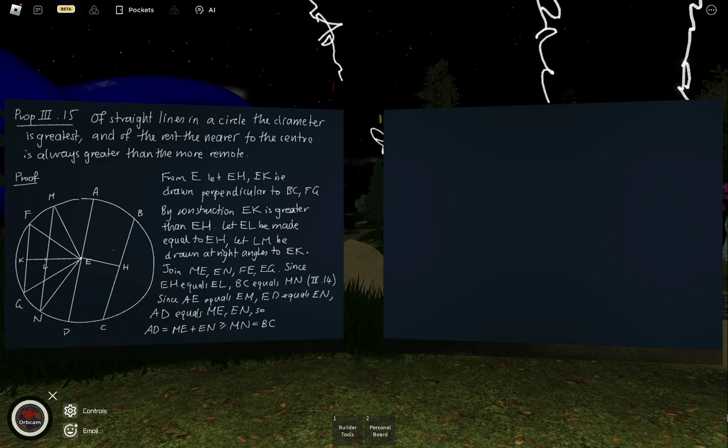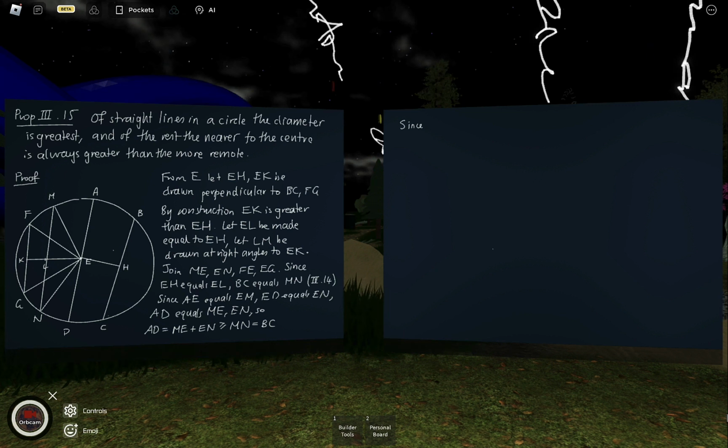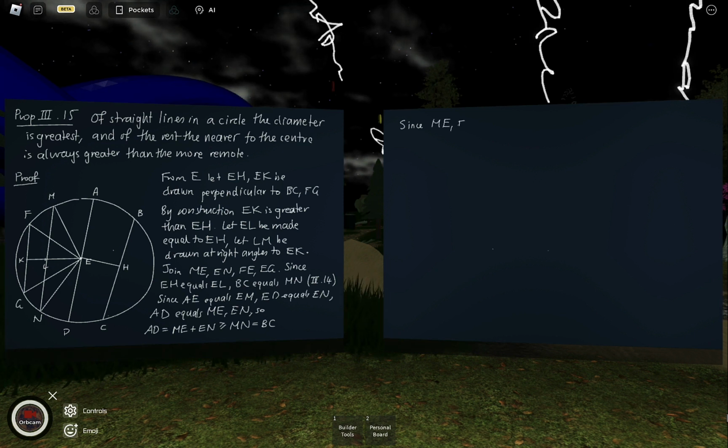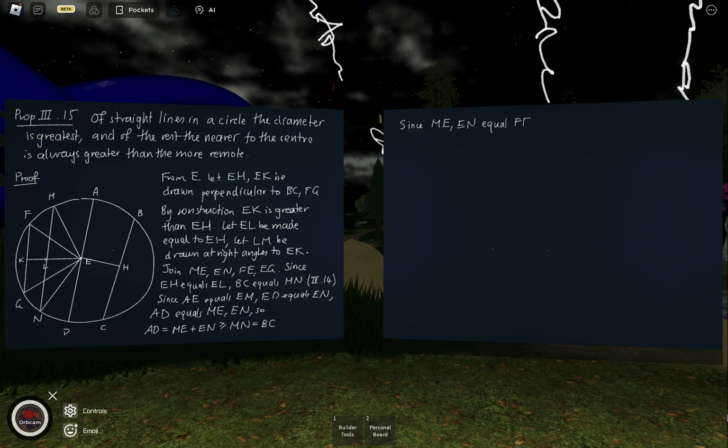Okay, so that's the first claim, that any line is at most the diameter. And the second claim is that BC is greater than FG. So let me think for a sec. Yeah. So since ME, EN equal respectively FE, EG, right?